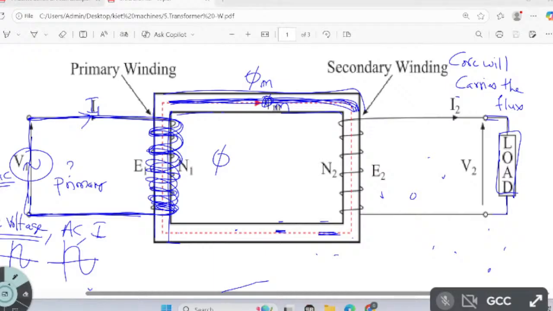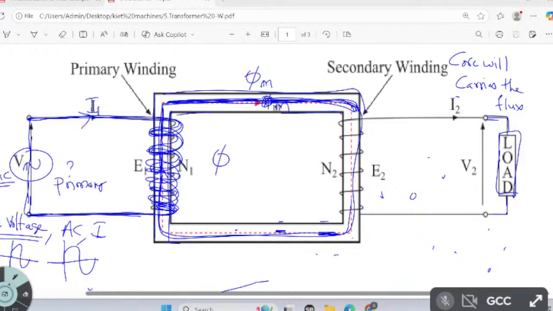The flux flows clockwise and returns like this. A flux of phi m is established here. Why is it established? That is the principle.